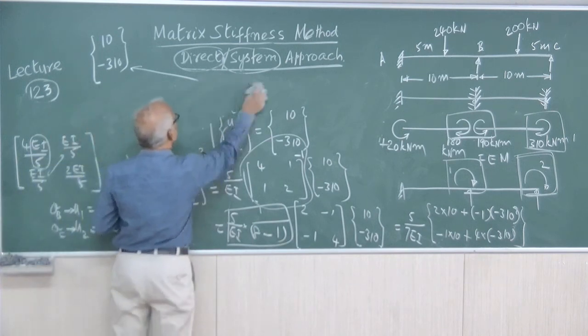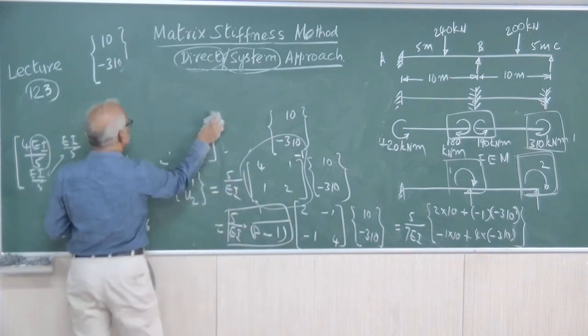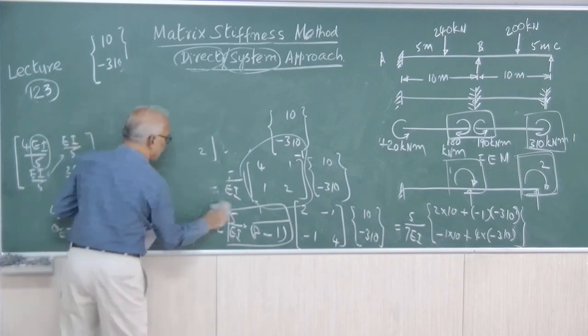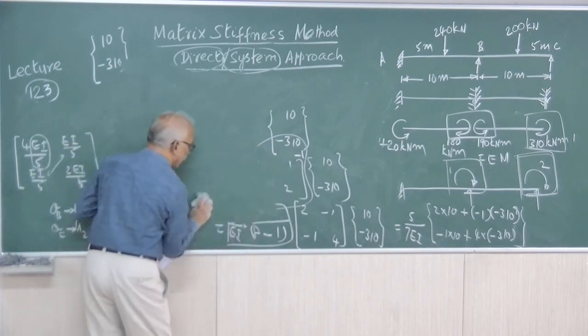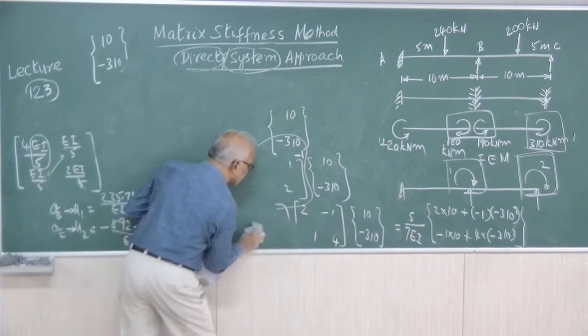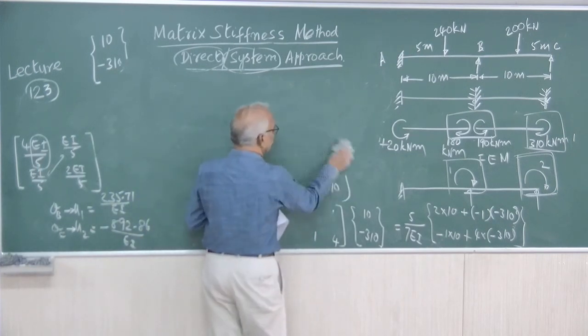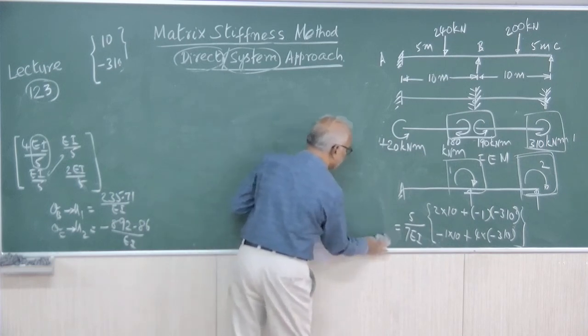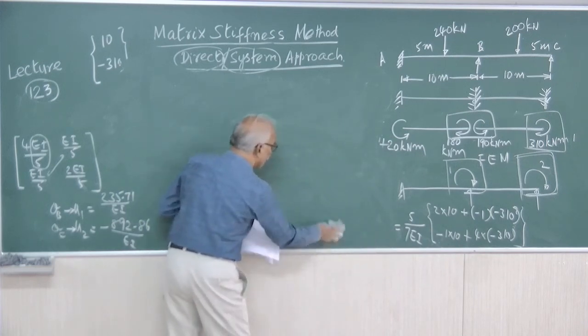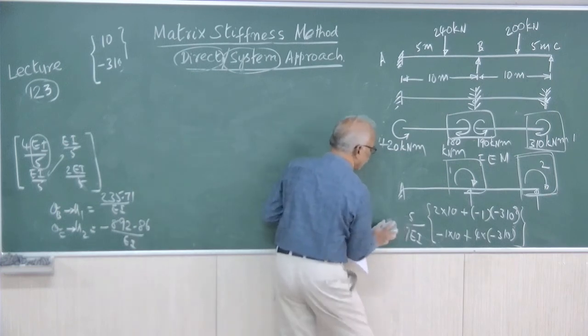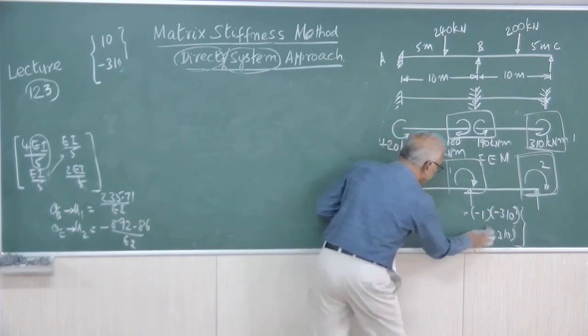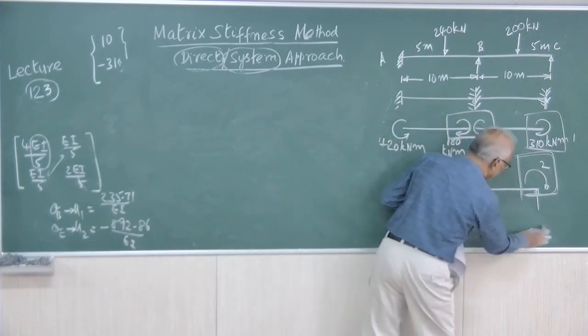We know the matrix stiffness method is otherwise called the displacement method, because the displacements are the primary unknowns. We have got the primary unknowns theta B and theta C. Also it is called the equilibrium method, because we are using the equilibrium equation for the solution of the unknowns.